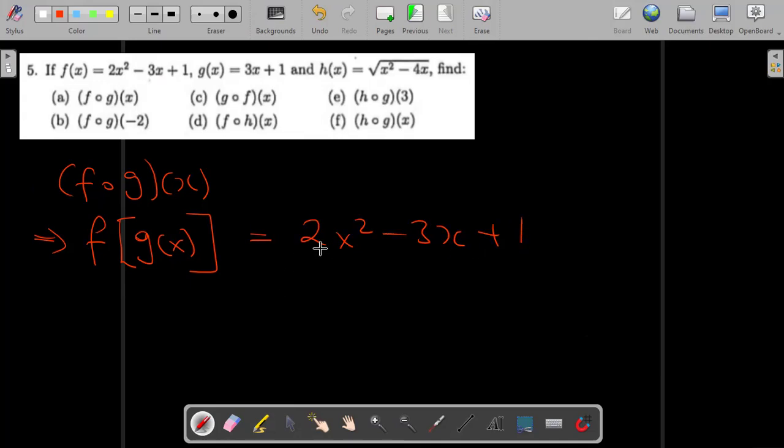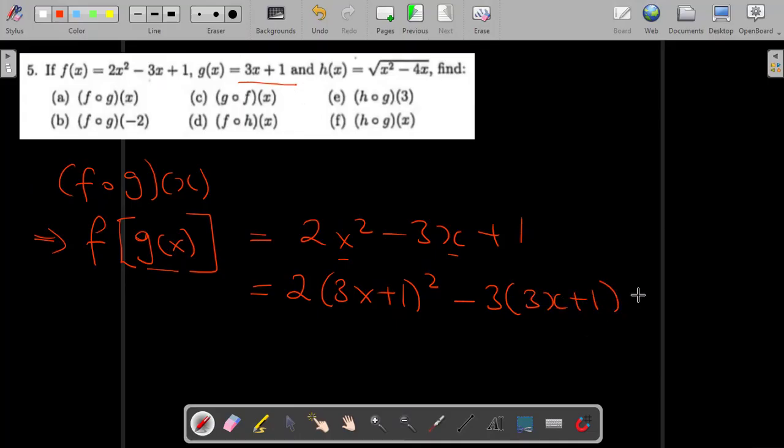In that function, where there's x, I must replace g of x. So I have 2, then here I replace 3x plus 1 and square that, then minus 3, then I replace again the 3x plus 1, and then plus 1.